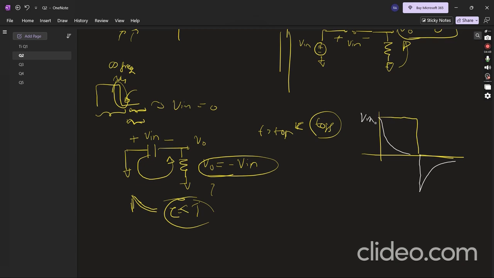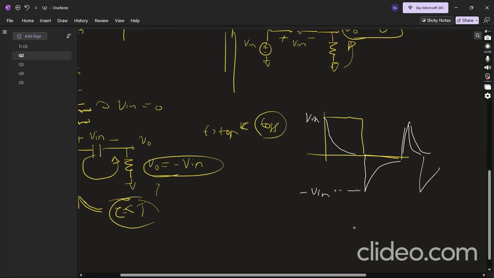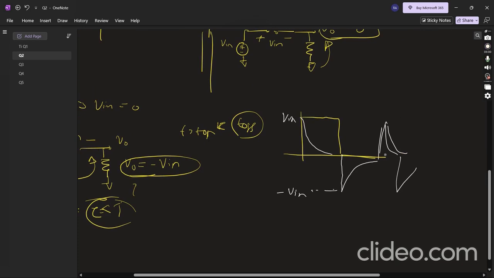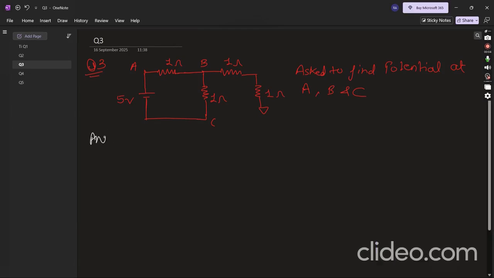This is V in, and this is minus V in. So it will look like this.